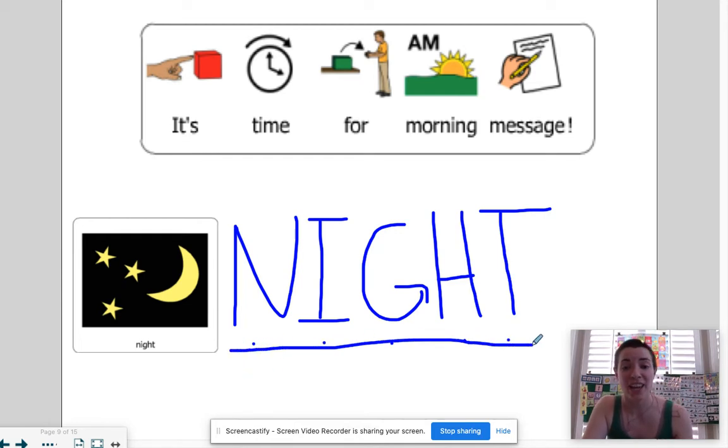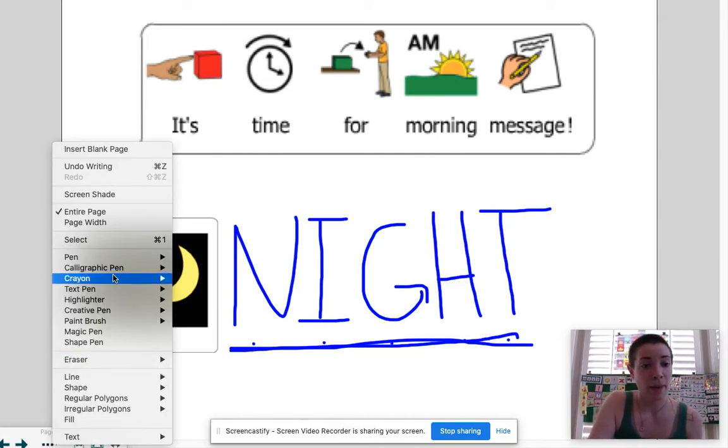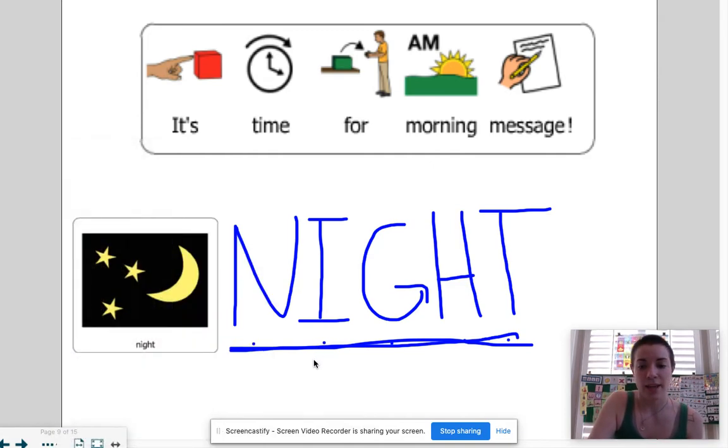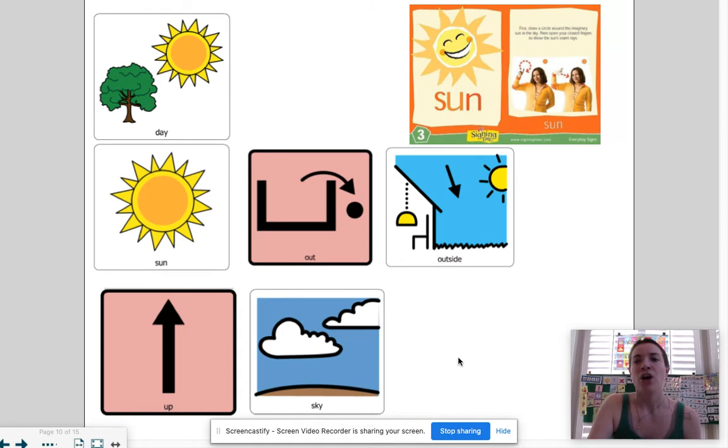La noche. Night. Now, just like day, night only has one syllable. Ready? Night. So day and night, they are short words. So let's put our pen away because it is time to look.